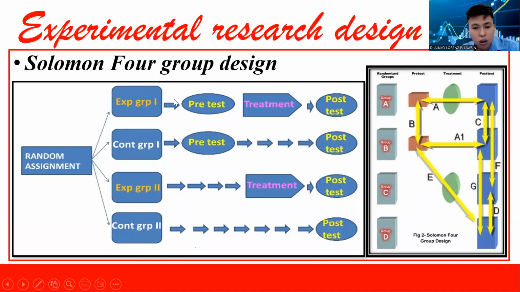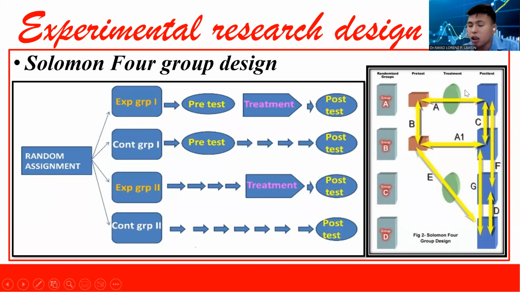So here, identify the effect of the pre-test, treatment, post-test. On the other hand, pre-test and post-test, no attribution of the treatment. On the second one, you can see here no pre-test, treatment, post-test, and then this one post-test only.